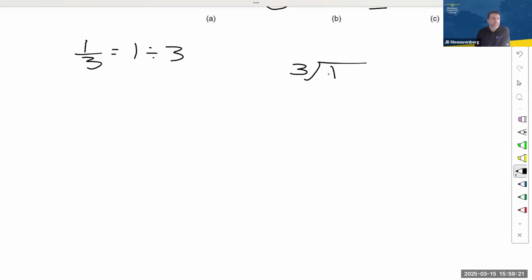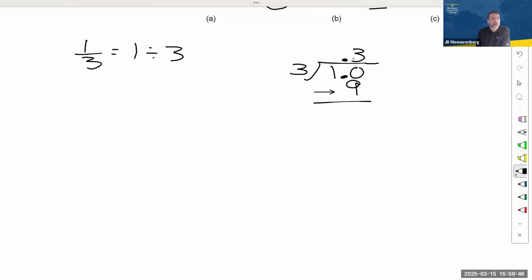Now, the way that we approach this is we write our decimal point after the 1, and we put a 0 here. Because we think about 3 dividing into 1, which it can't do, but it can divide into 10 tenths. And it goes 3 tenths of a time. And so 3 times 3 is 9, and then we subtract.